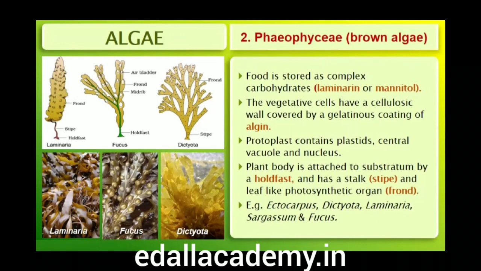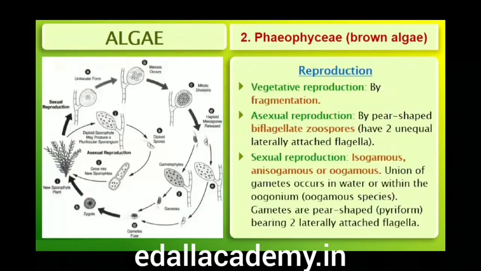The plant body is usually attached to the substratum by a holdfast, and has a stalk, the stipe, and leaf-like photosynthetic organ, the frond. Vegetative reproduction takes place by fragmentation. Asexual reproduction in most brown algae is by biflagellate zoospores that are pear-shaped and have two unequal laterally attached flagella.